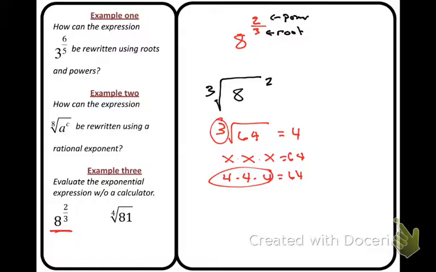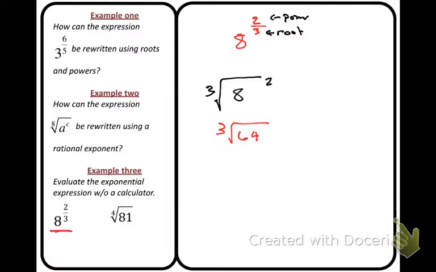So either way you look at it, you'd end up with the same answer. You just have to choose which one you're going to do first. Would it be easier to do the root first, or would it be easier to do the power first? So that would equal 4.